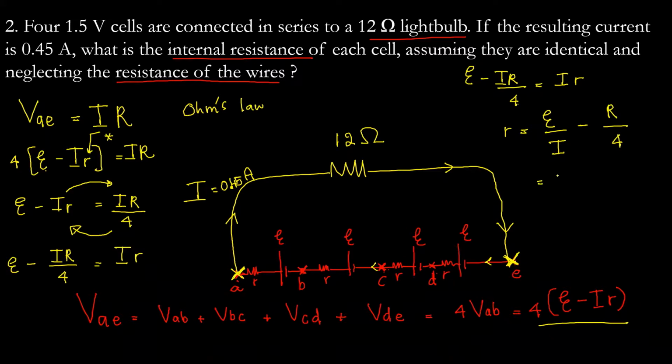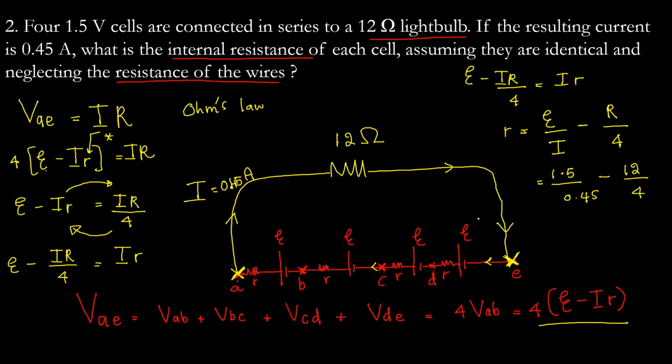So you get the answer: EMF is 1.5, your I is 0.45, capital R is 12 ohms divided by 4.